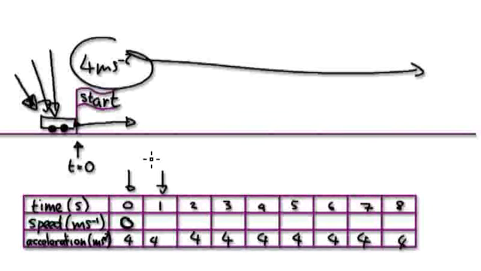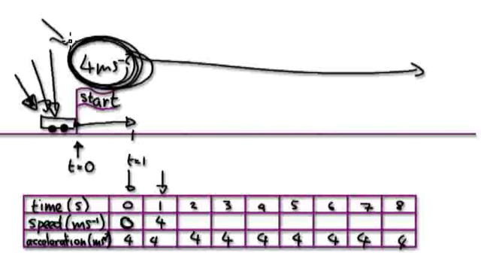Now, when time equals 1, let's say 1 second after, by the meaning of acceleration of 4, it means that the speed will increase by 4 each time. So it was 0, and after 1 second, the speed will be 4, because that's what acceleration means.